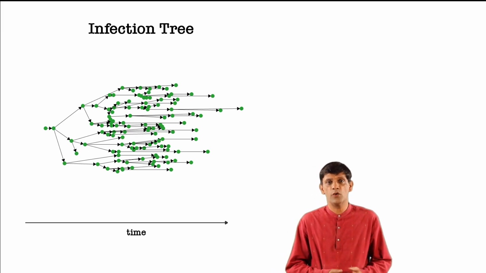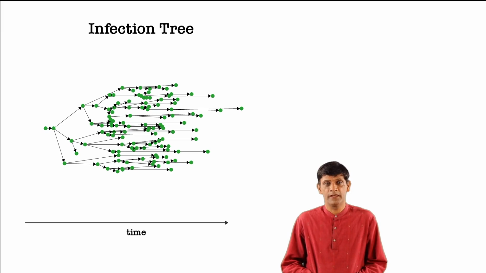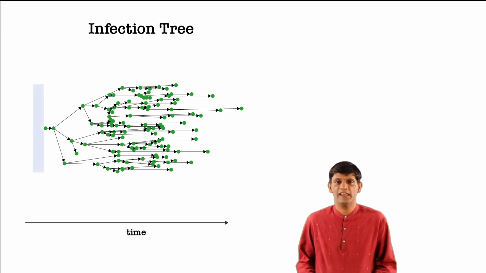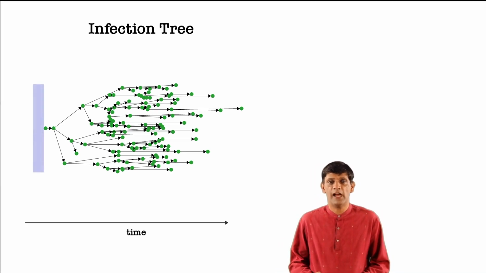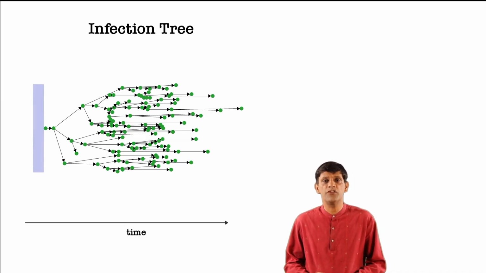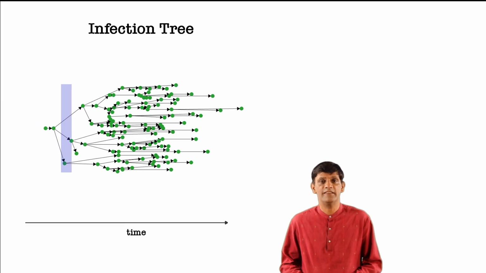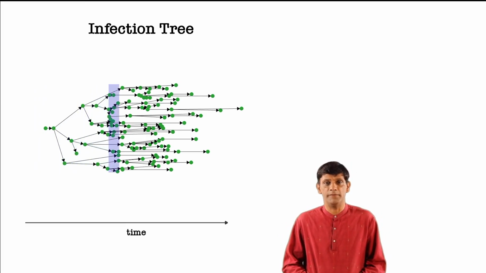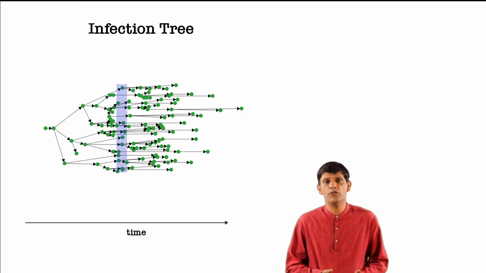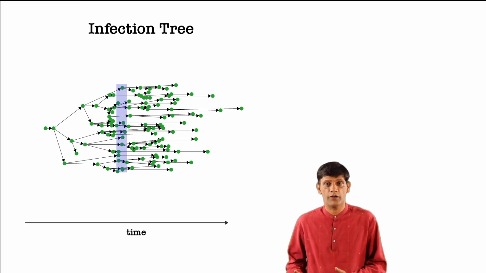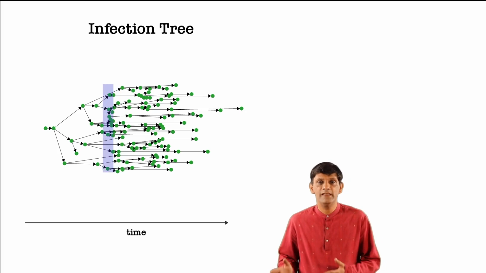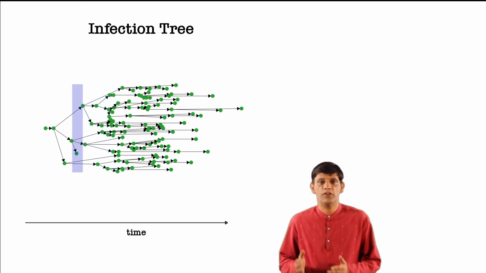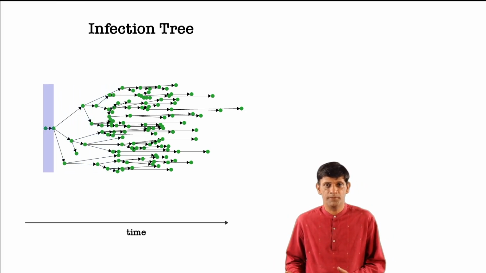So the first node is the root. What we can do is take a small slice of time and run it through the tree. All the dots that fall in this slice are the people who were infected during that time period. And counting those people can give us a lot of information. It tells us when the epidemic was at its worst.